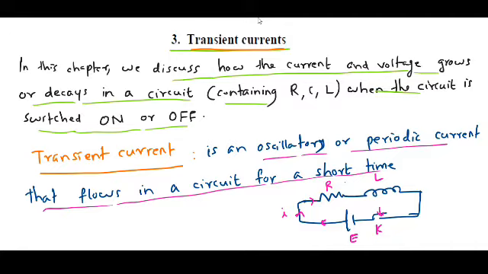Then if a steady current is flowing through the circuit, and I just open the key or break the circuit, then the current decreases and reaches a zero value.